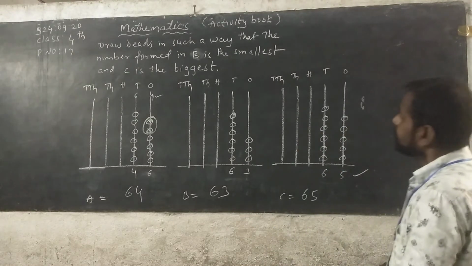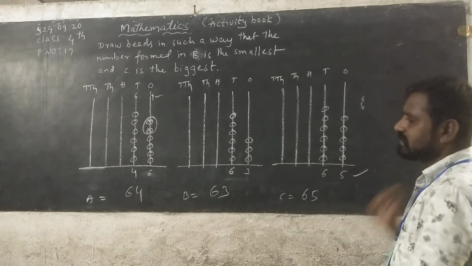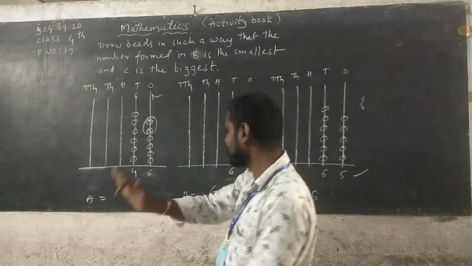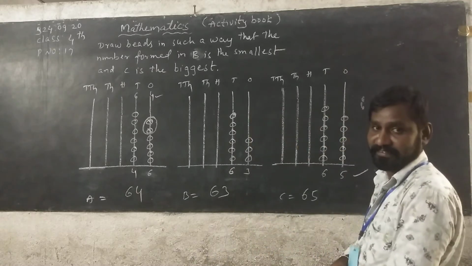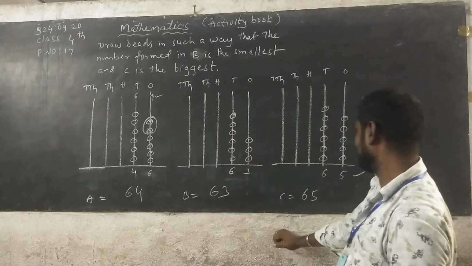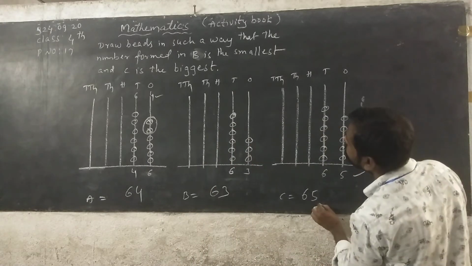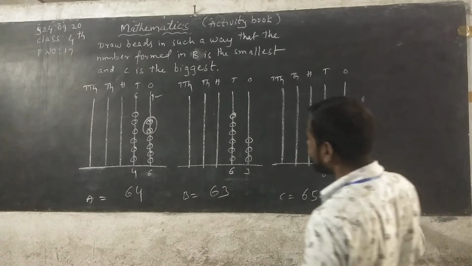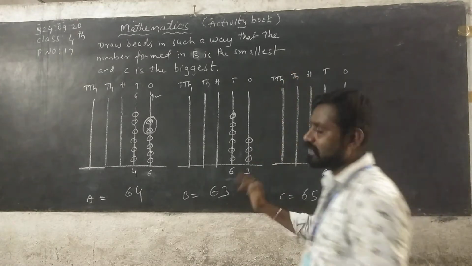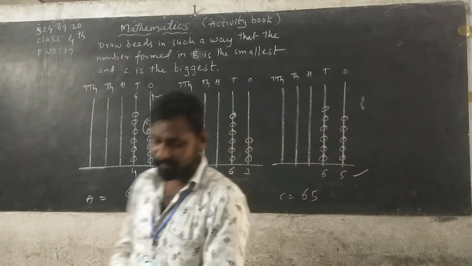Next, C is the biggest number, 65. Just A is 64. No, not satisfied. See here, A 64, B 65, C 63. So C is the smallest number. So this is the problem.